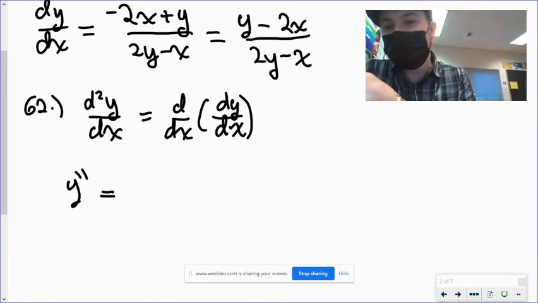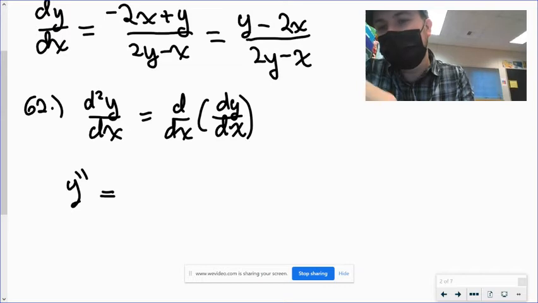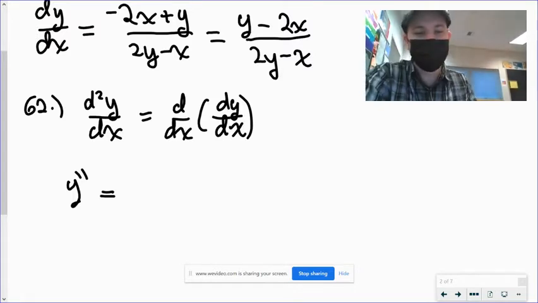So I get my quotient rule. Remember, if I'm taking the derivative with respect to x of u over v, that would be v times u prime minus u times v prime all over v squared. Very complicated. So this will be a little journey here.